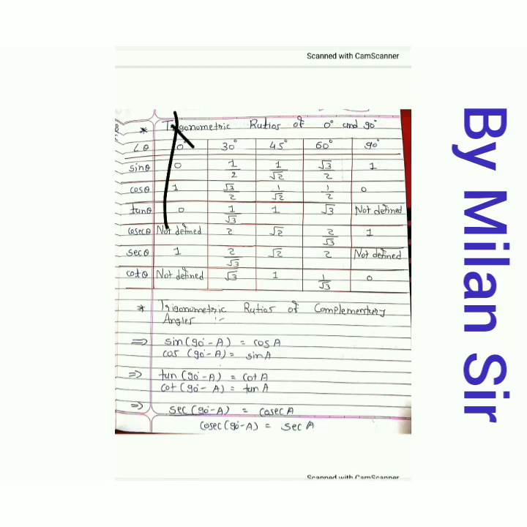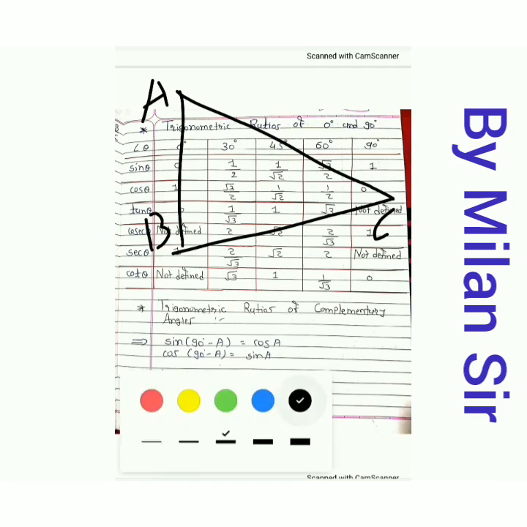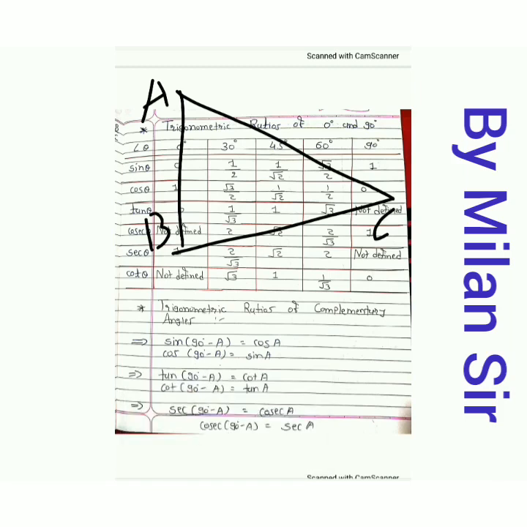Okay, second way. Again consider one right angle triangle A, B and C. Here A, I am writing A, right? It means my reference angle.